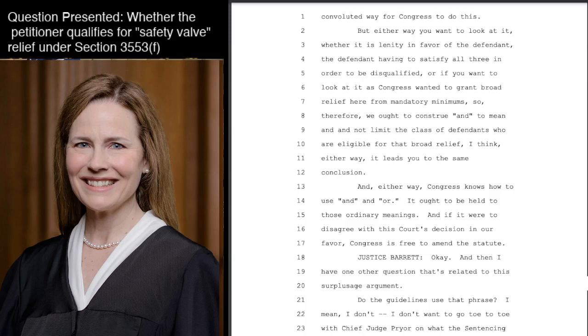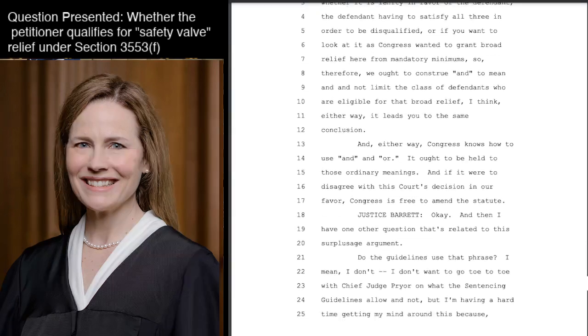But either way you want to look at it, whether it is lenity in favor of the defendant having to satisfy all three in order to be disqualified, or if you want to look at it as Congress wanted to grant broad relief here from mandatory minimums, so therefore we ought to construe "and" to mean "and" and not limit the class of defendants who are eligible for that broad relief, I think either way it leads you to the same conclusion, and either way Congress knows how to use "and" or "or." It ought to be held to those ordinary meanings. And if it were to disagree with this Court's decision in our favor, Congress is free to amend the statute.